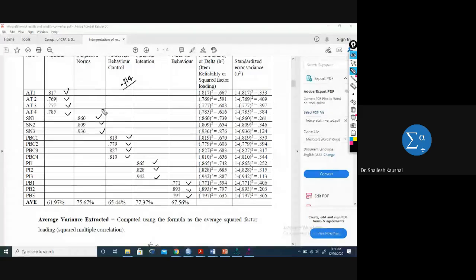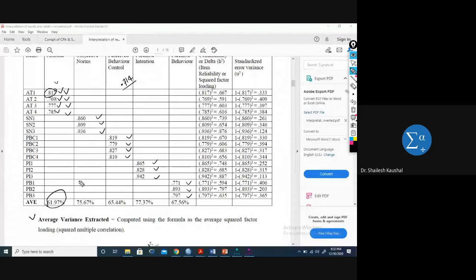The second way to find convergent validity is average variance extracted. We square each of these loadings, add them, and divide by 4, because the square of the loading is the variance. When we take the average of the 4 variances, it is known as average variance extracted, and its value is 61.97.